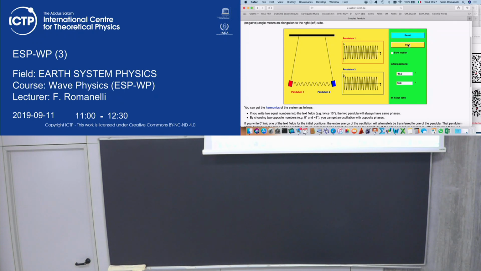Does it mean that whatever strange things you want to play, let's keep -10 and 5 here, they can be described by a linear combination of those two. Now you see, the amplitude is not the same. Changing, why? Because the energy is going to be transferred in some time. It depends on the initial conditions. But the system is still the same.